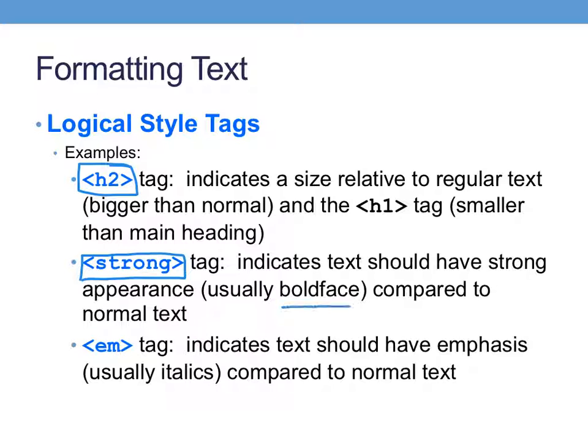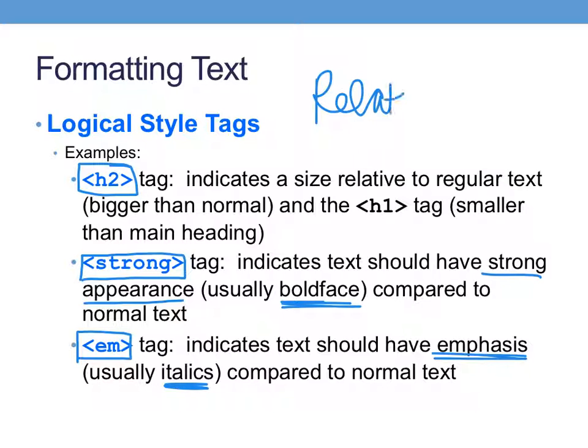Strong is very, very similar to boldface, but essentially it just gives text a strong appearance compared to that normal text. And then the emphasis tag, or the emphasize tag, looks like italics, and it essentially adds some emphasis to text relative to what's around it. So logical tags are all relative. It looks at what's already on the page and uses logic to apply that particular formatting compared to the rest of the text on the page.